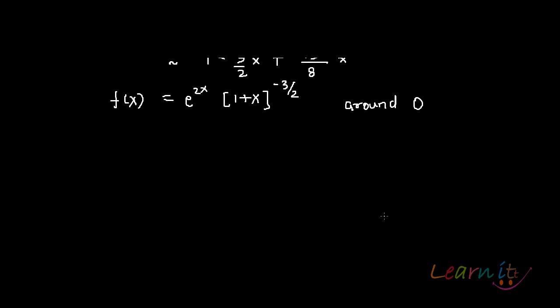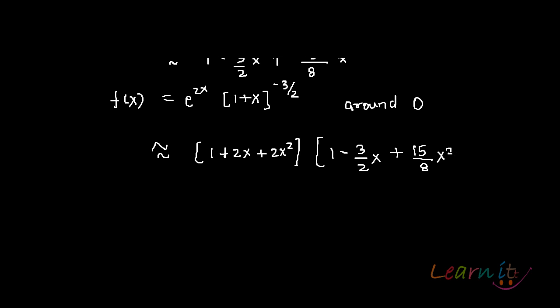So let me just multiply these terms. So this will be approximately (1 plus 2x plus 2x square) into (1 minus 3 by 2 x plus 15 by 8 x square). Okay, so just multiplying, what do I get?